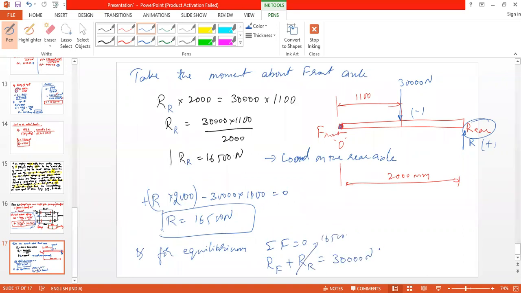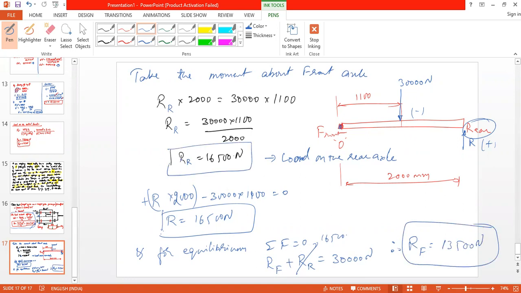RR is 16,500. Therefore, the reaction at the front axle is 13,500. So the load on the rear axle is 16,500 and the load on the front axle is 13,500, because the CG is not at the center.